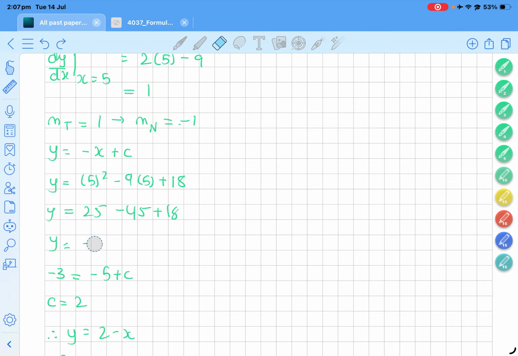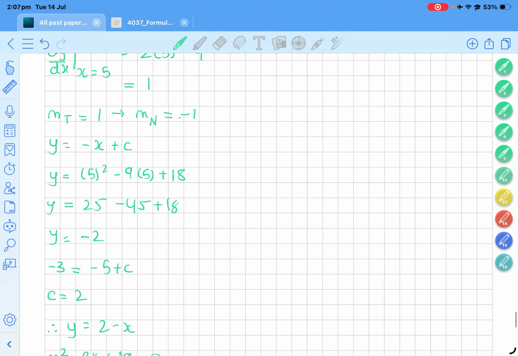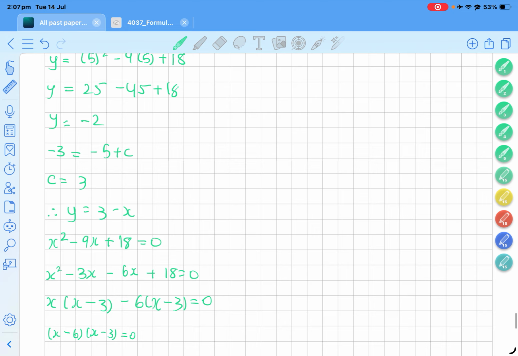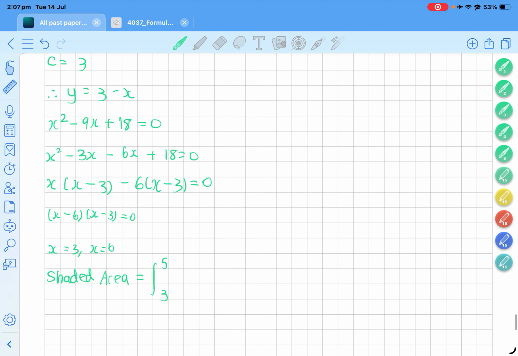So continuing, this is x squared minus 9x plus 18 dx minus the integral from 3 to 5 of 3 minus x dx.